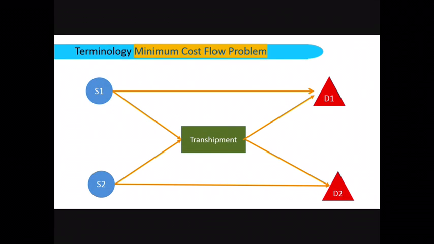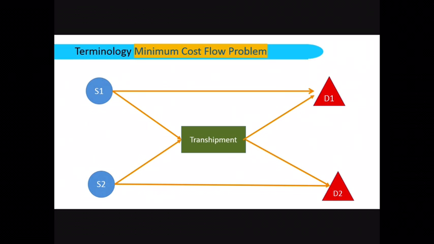Okay, next we proceed to the minimum cost flow model. The model for any minimum cost flow problem is represented by a network with a flow passing through it. S1, S2, transshipment, D1 and D2 are called the nodes. S1 and S2 are called supply nodes, which have a fixed positive number. Next, D1 and D2 in the red triangles have a fixed negative number, which is the demand node.